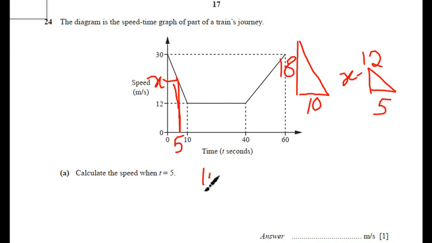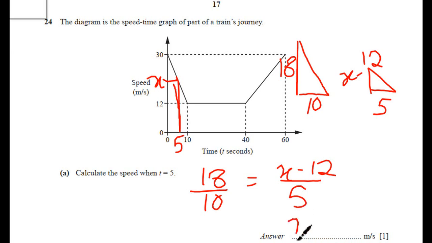So since their slope will be the same, we can write 18 over 10 is equals to x minus 12 over 5. So cross multiply and you will simplify and you will get x is equals to 21.